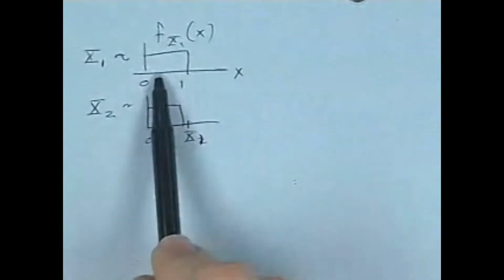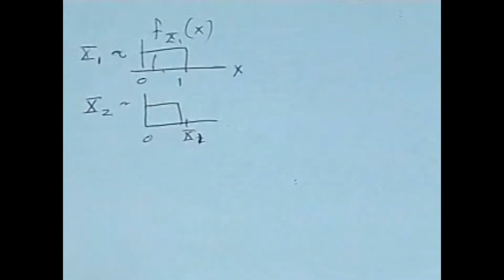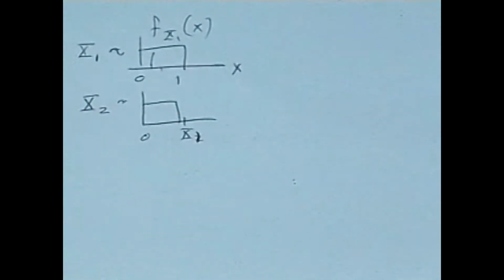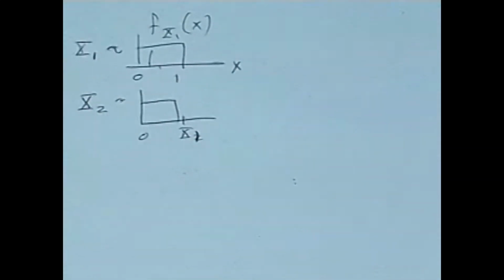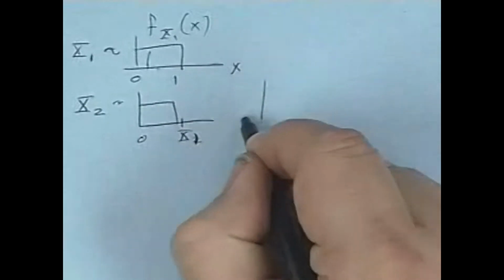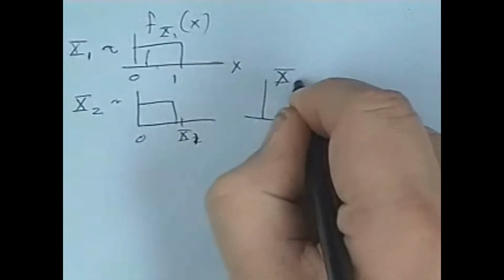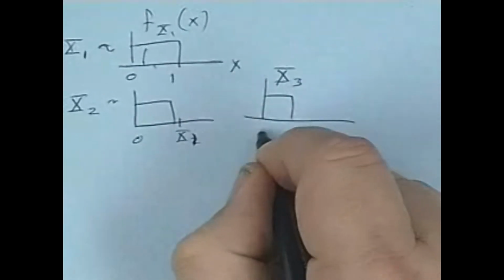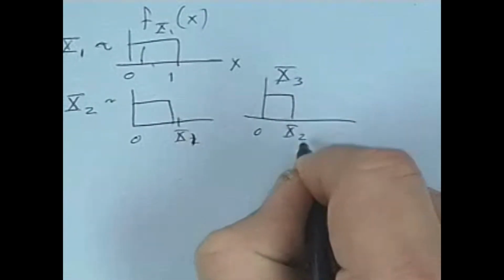In other words, we take a random variable here, and whatever this random variable is, we generate a new random variable. And x3 is uniformly distributed on the interval from 0 to x2, etc.